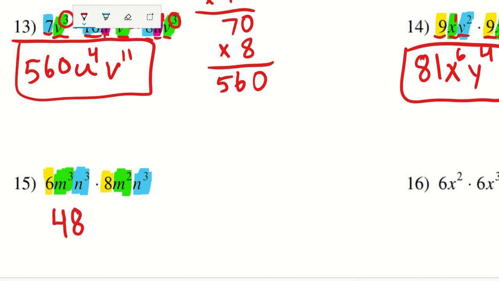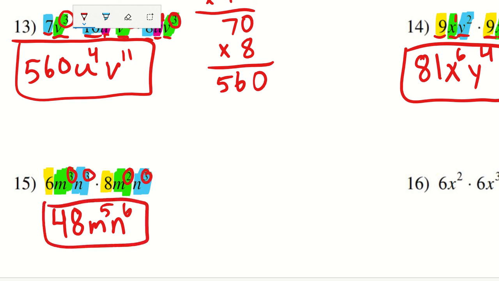And then we multiply the m's. m to the 3rd power times m squared is going to be m to the 5, because when you multiply letters, you add the exponents. And then n, you add the exponents, 3 plus 3, that's 6. So that would be us multiplying the expressions.